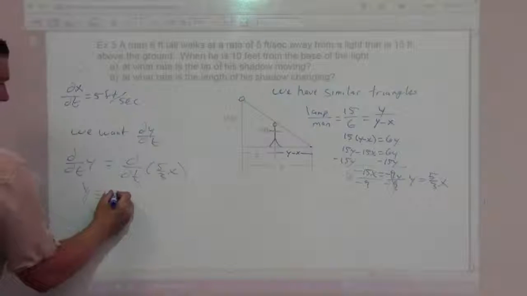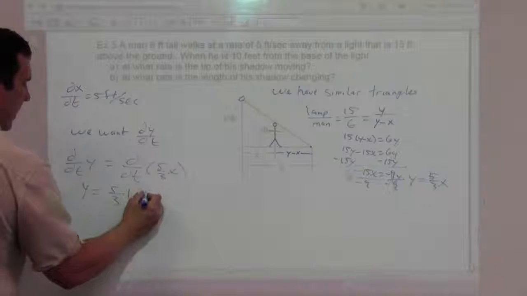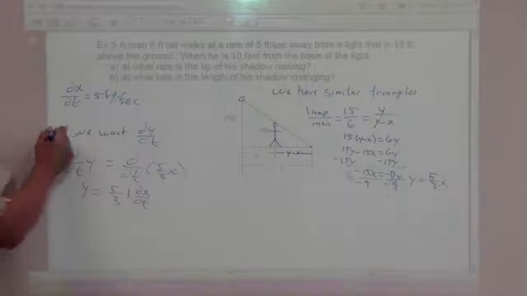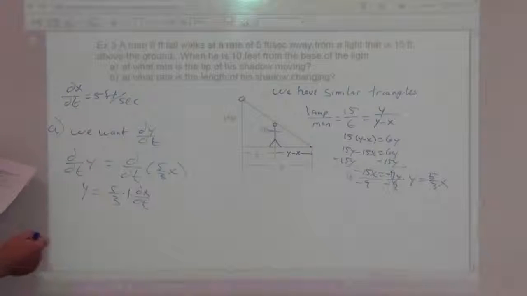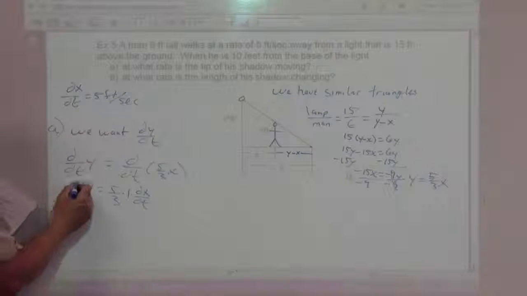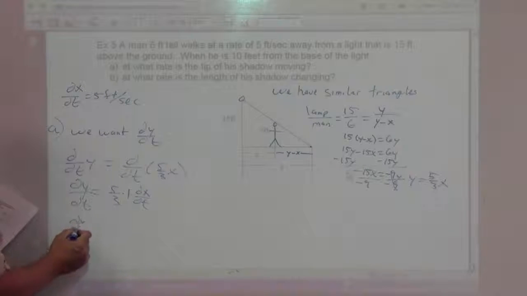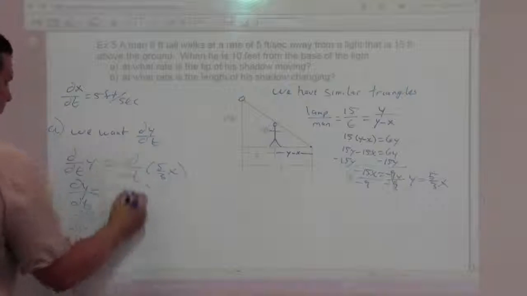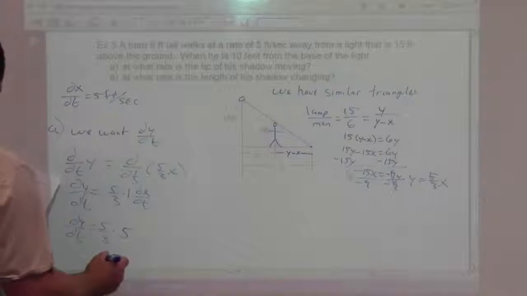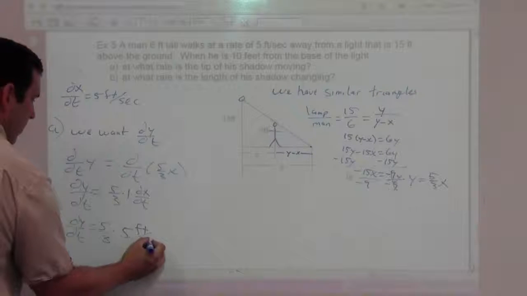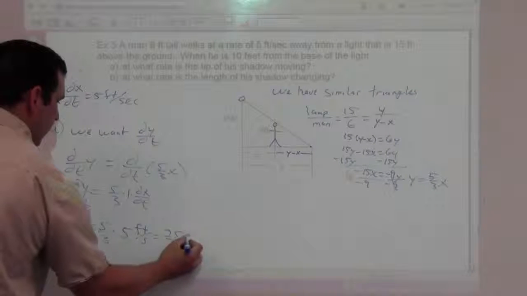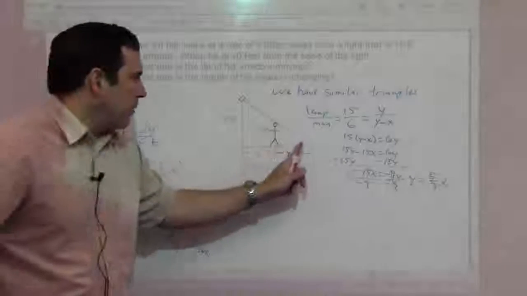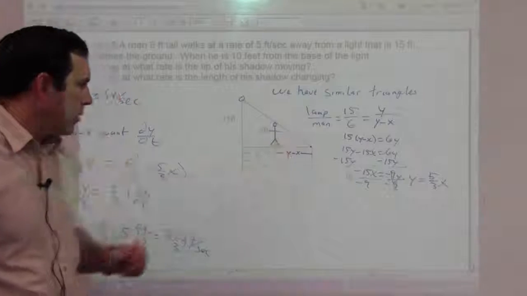So dy dt is going to be 5/3 times 1 times dx dt, which is 5/3 times 5 feet per second, which is going to be 25/3 feet per second. So that means that the shadow tip is moving faster than the person's moving.